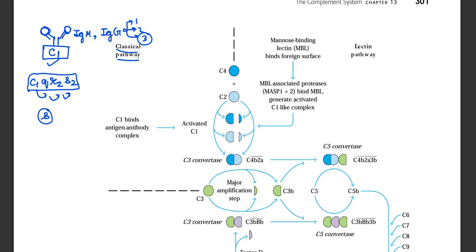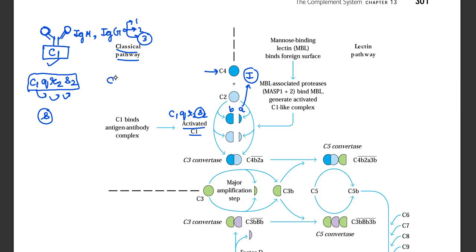The S unit then acts on the activated C1, that is C1q, R2, S2, and then also S. This S subunit is responsible for activating C4. So it will cleave C4 into C4A and C4B. The C4B will cause the opsonization, but the C4A will be removed out and cause the inflammation.